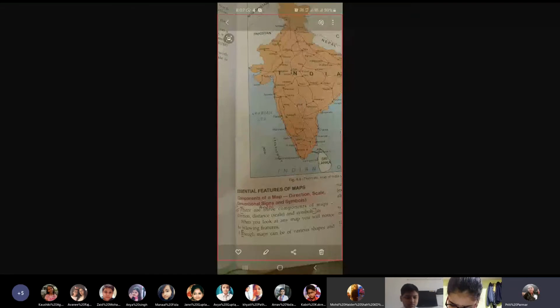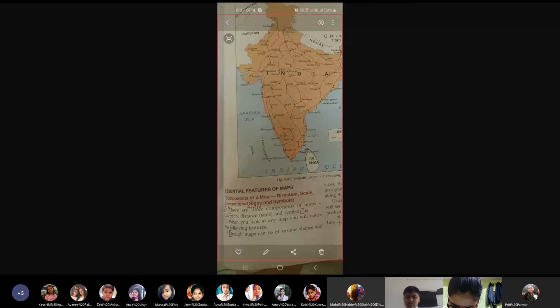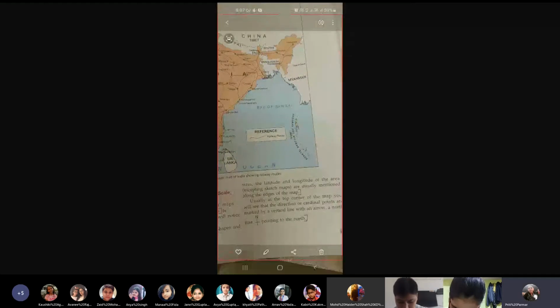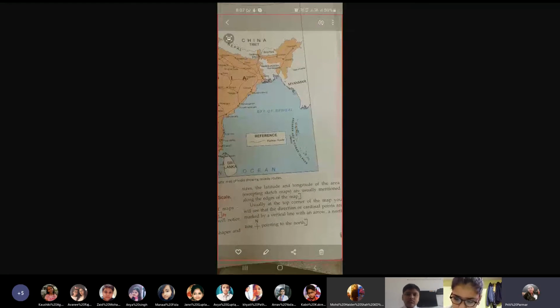Then first point, though maps can be of various shapes and sizes, the latitude and longitude of the area are usually mentioned along the edge of the map. Usually at the top of the map, you will see that the direction or cardinal points are marked by the vertical line with an arrow, a north line pointing to the north. This is the first point of E2 and E5.